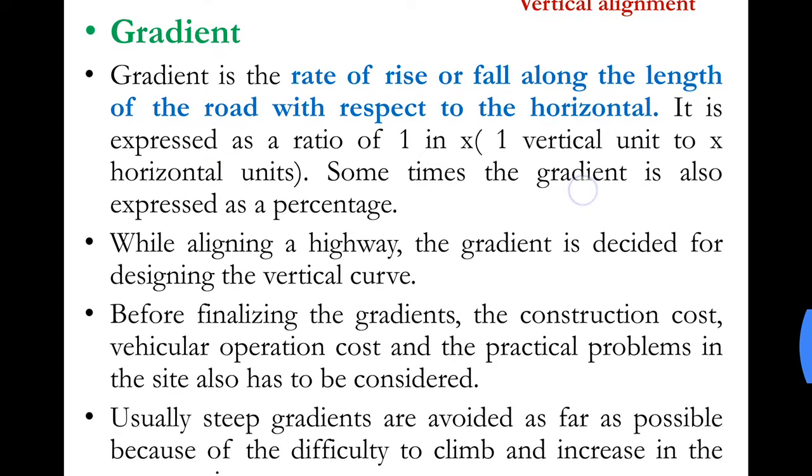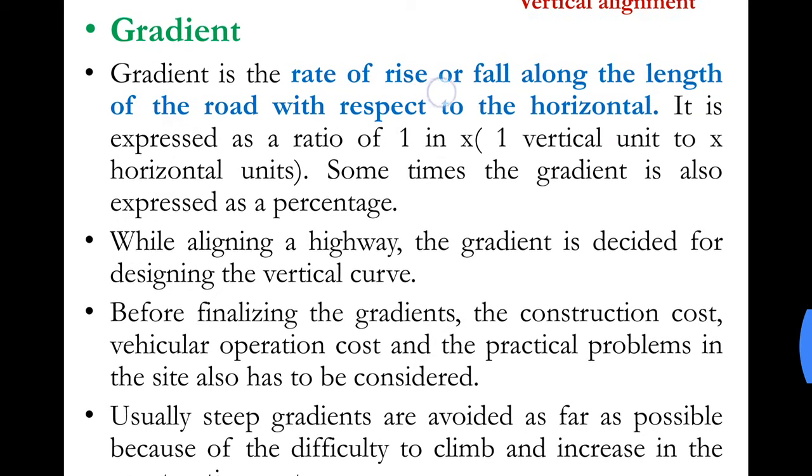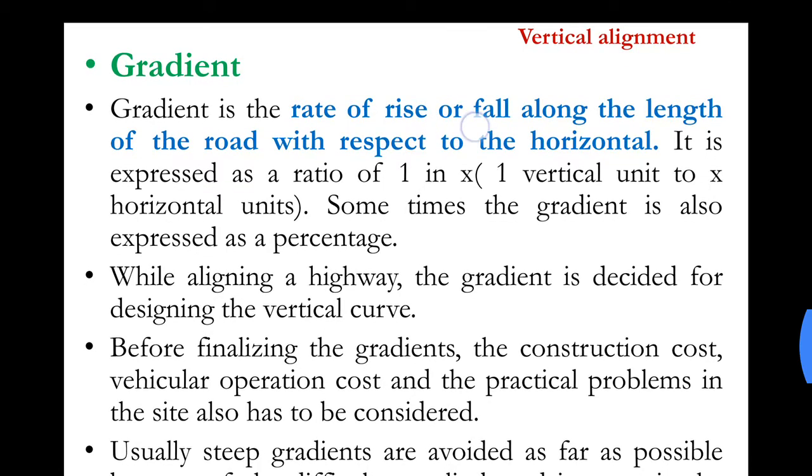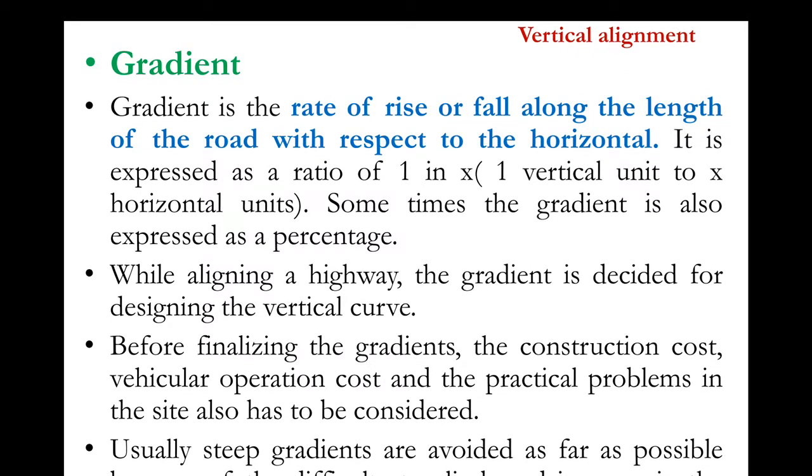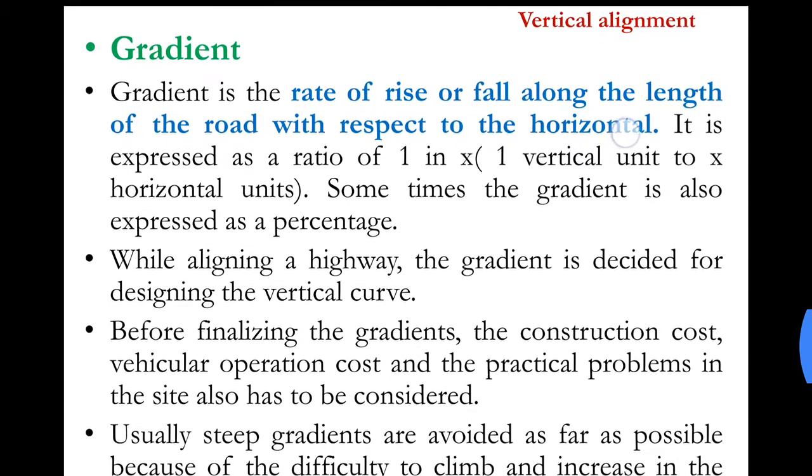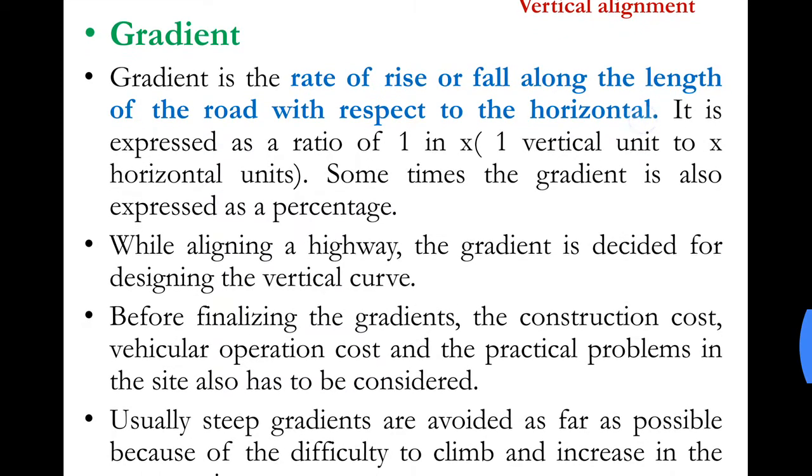Now, gradient. Let us try to understand what we mean by a gradient. Gradient is the rate of rise or fall along the length of the road with respect to the horizontal. So in the direction of movement, in the longitudinal direction, it is the rise or fall of the road.